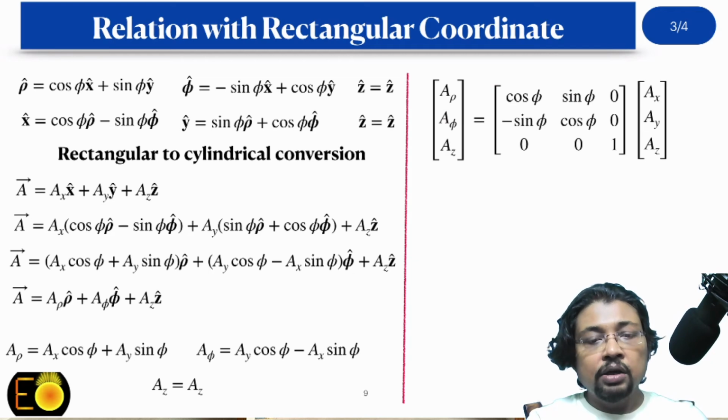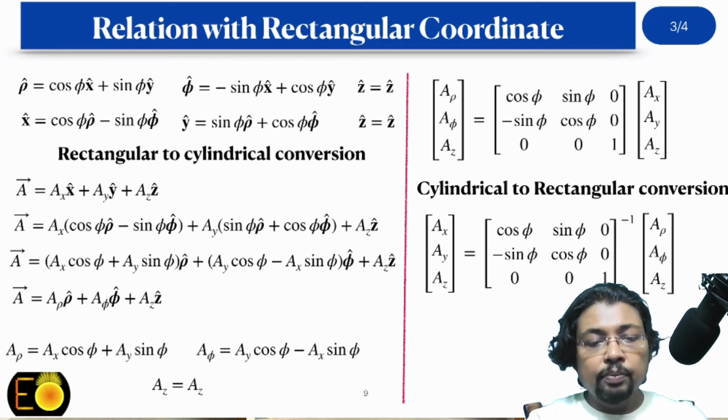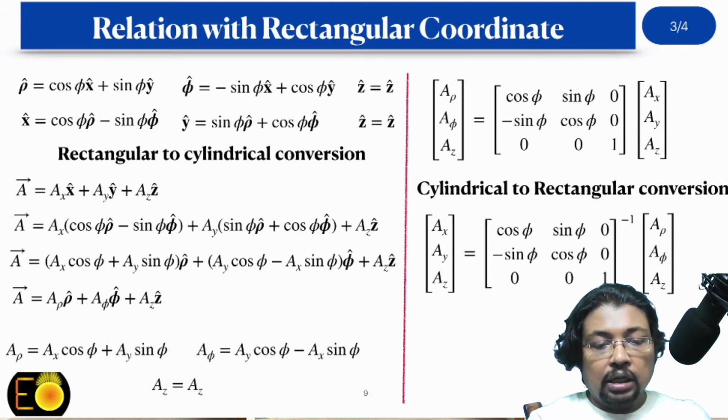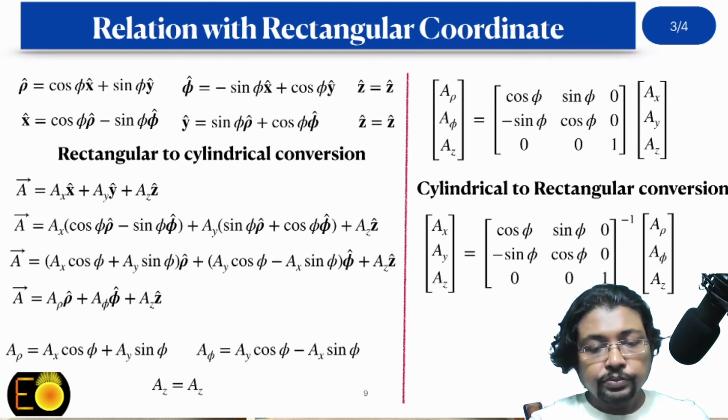In a similar manner, when I'm converting these from cylindrical coordinate system into the Cartesian coordinate system, basically we have to take the inverse of the first matrix elements, and the conversion process takes place when you replace this rho cap from this expression of the x cap and y cap, similarly phi cap from the expression that I have obtained, and z cap also, z cap is equal to z cap.